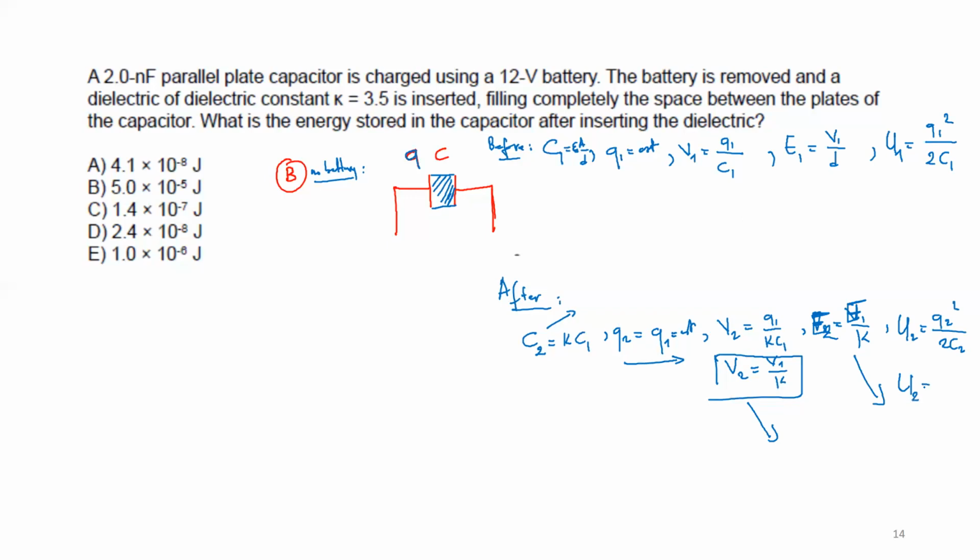So U2 is U1 divided by kappa. It has decreased. Okay. Good. Now this is just a reminder. I could have skipped this, by the way, because I already discussed this in class.